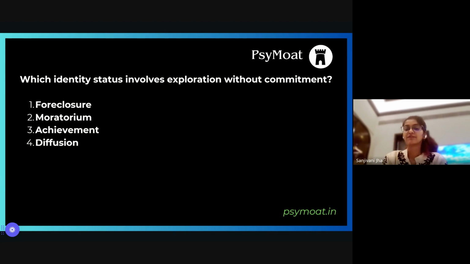Briefly, in foreclosure, before the identity could form or explore, the person has already committed. Yes, commitment without exploration, exactly. That is what foreclosure is. And what is identity achievement?